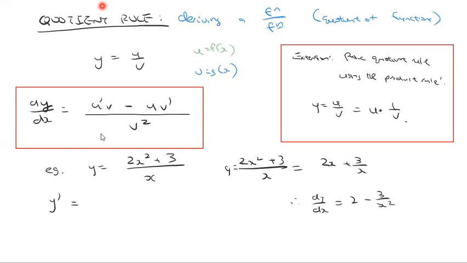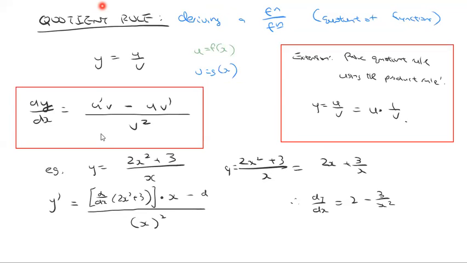then you'll be putting it over x all squared. And then you will derive the numerator. And then you'll multiply by the denominator unchanged.